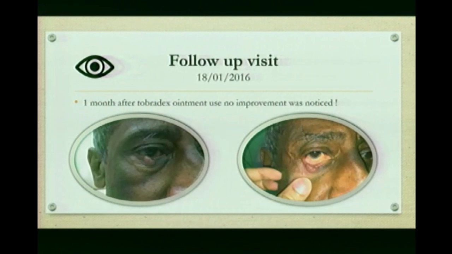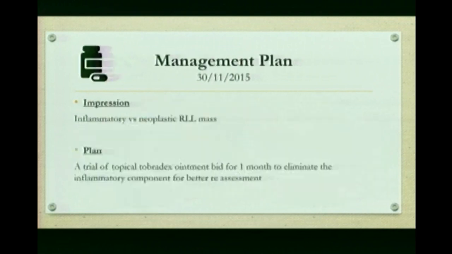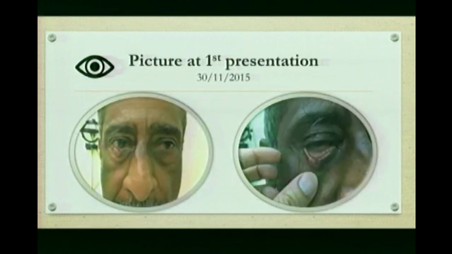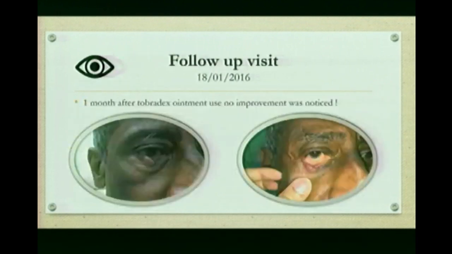So the first picture was in November. Yes, in November here. I felt at the second visit, when he came, that it was progressing and enlarging in size. This is him taking Topradix. And it started to ulcerate more. So it tells you that something is fishy here, and this is not a benign disease.